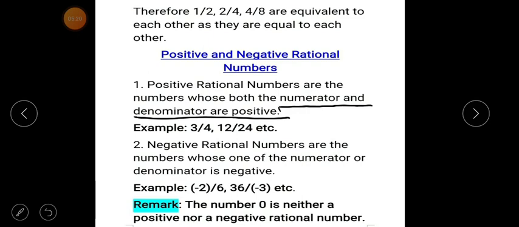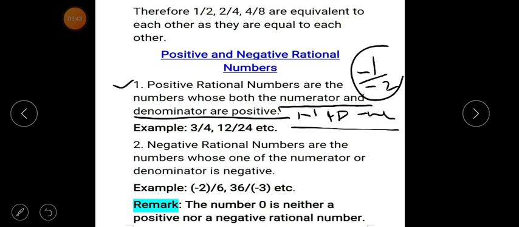One more thing I would like to add here: if both the numerator and denominator are negative at the same time, then also the number is known as a positive number. How can we say that? That is, -1 upon -2 is also a positive rational number.